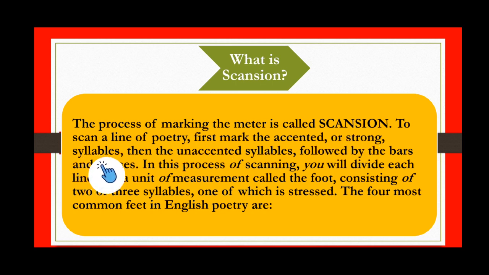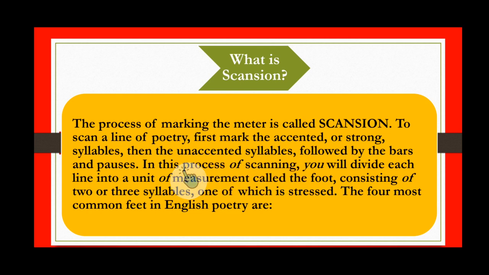Now to scan a line of poetry, first mark the accented, meaning strong, syllable. Whenever you want to scan a line in poetry, first of all you have to identify the strong or accented syllables, and then the unaccented syllables.